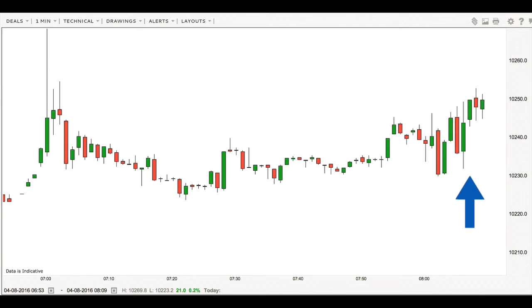So, be interesting. Round numbers are important in trading. Lots of people use them for their orders, so people may have orders to go long or go short at 10,250.